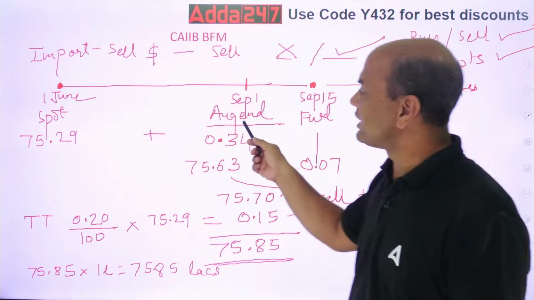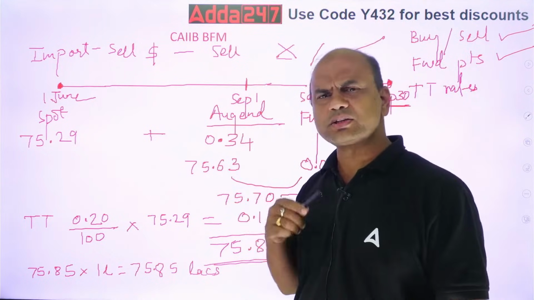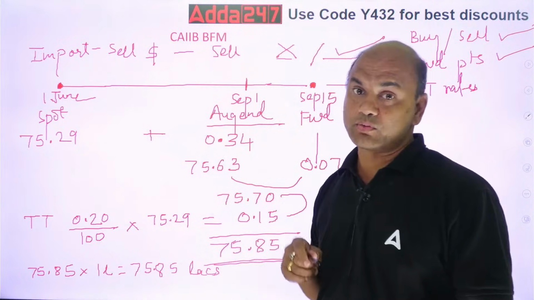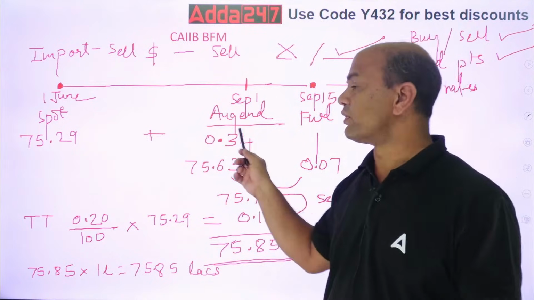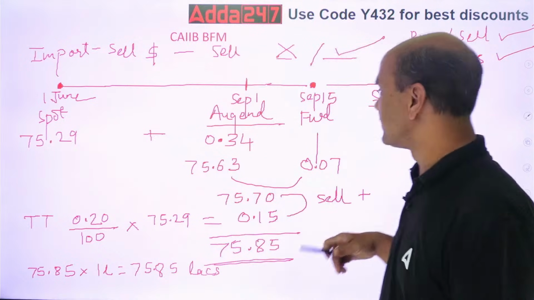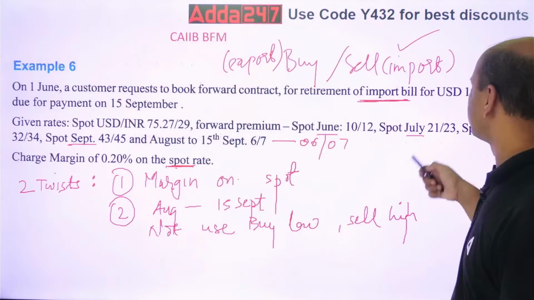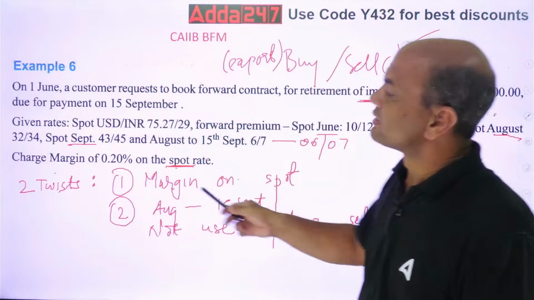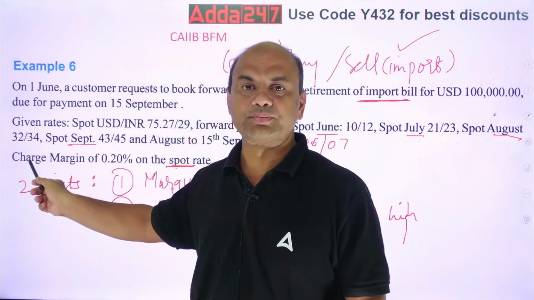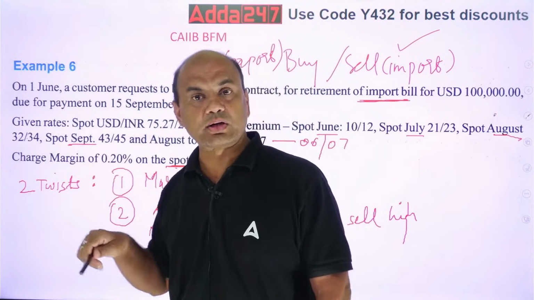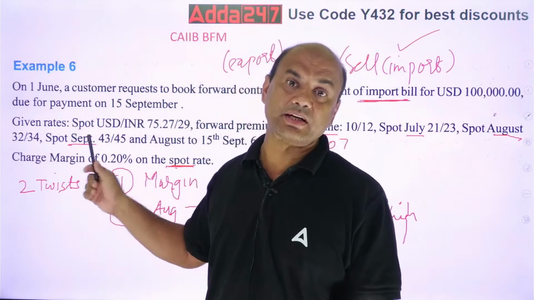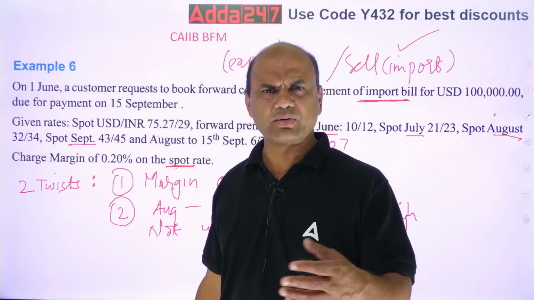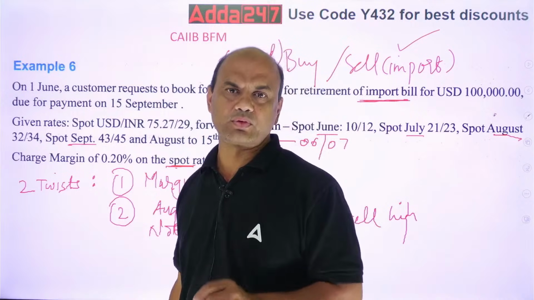So I'll take the August end rate. What is the August end rate? For that, what do I have to do? Let's write the forward points. So forward points over here, August end rate is 30 to 34. What do you mean by 30 to 34? The right side, sell, is 34 points. So it is to be taken as 0.34.